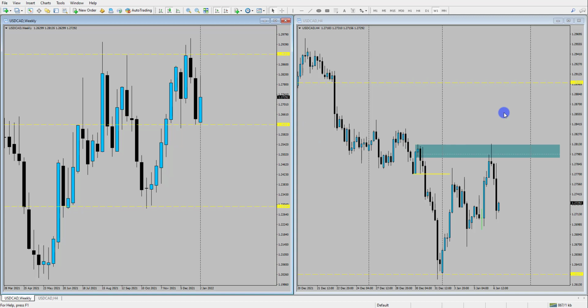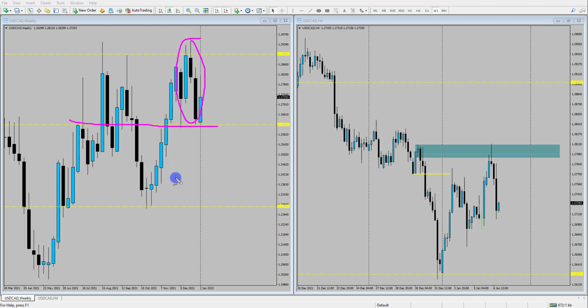And I think dollar CAD could be one of those opportunities to watch out for, because if we look at this weekly time frame, the past 2 weeks have been fairly bearish, and we've come into an area of support.